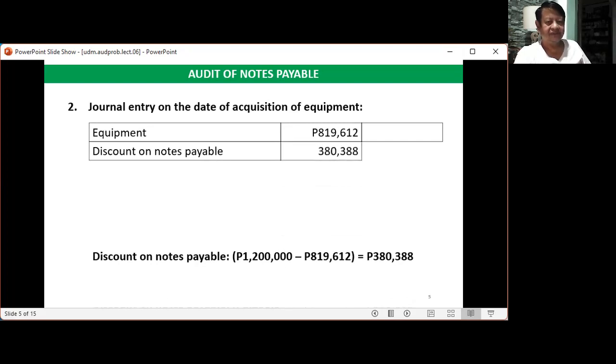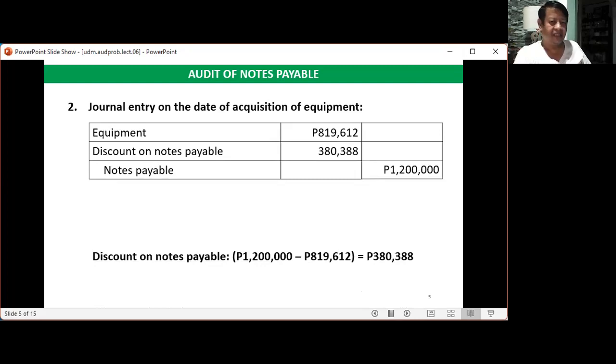So we will debit discount on notes payable 380,388 pesos. Of course, we will credit notes payable of 1,200,000 pesos. See, this is the correct journal entry on the date of acquisition of the equipment.